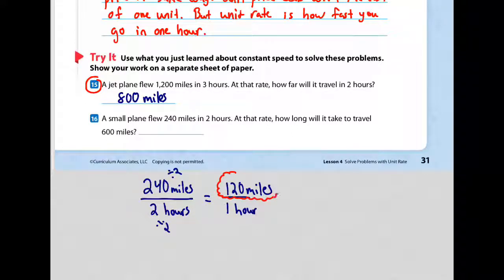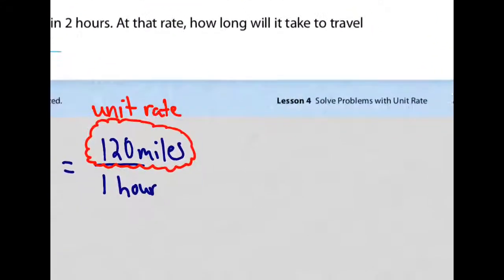The 120 miles is the unit rate because that's how far you go in an hour. Now, this says, how long will it take to travel 600 miles? So I need to figure out how long it will take to go 600 miles, right? I'm going to put a question mark here because that's going to be my answer.